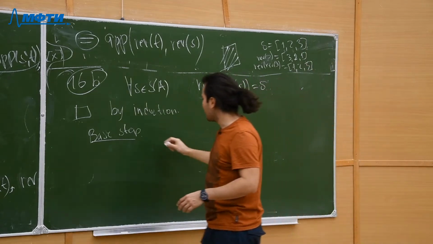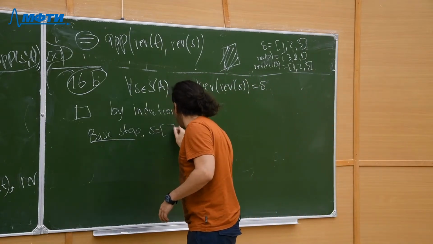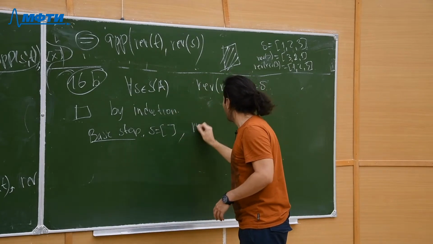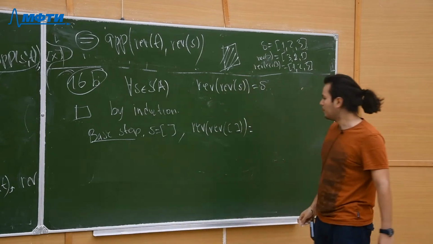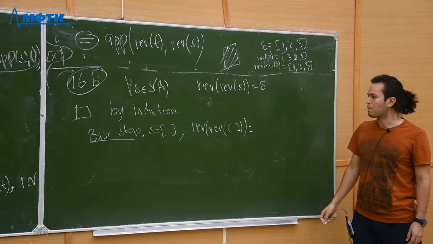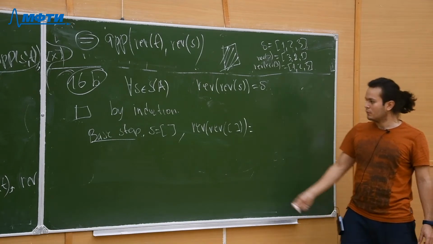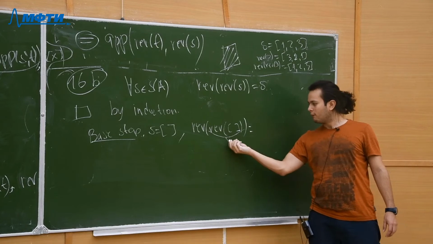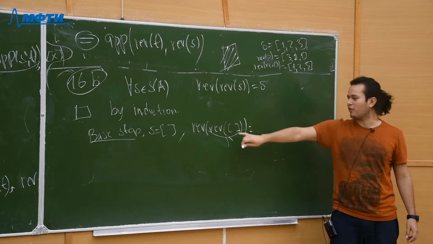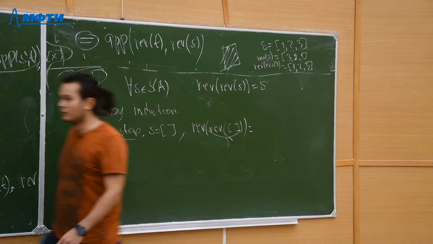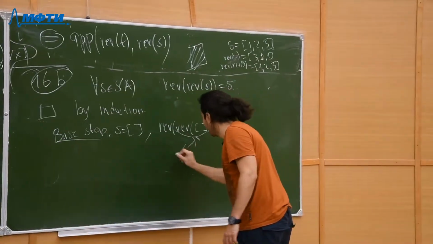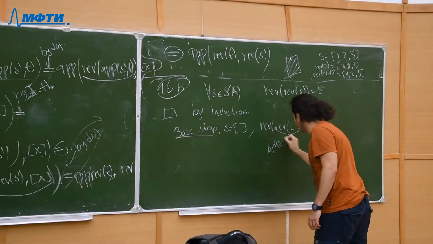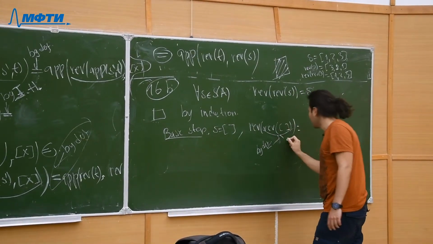So, base step, we have to assume that S is an empty string. Then the reverse of an empty string is equal to what? The reverse of an empty string. Empty string, right? By definition. So by definition, this is the empty string.